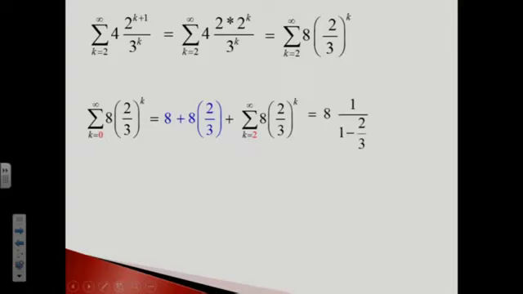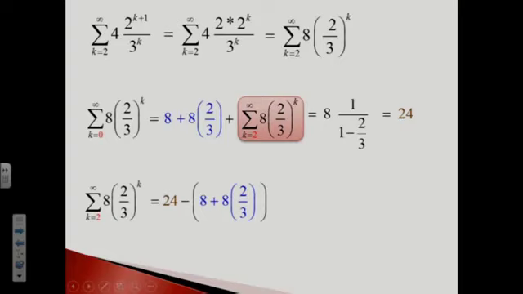Since the absolute value of r is less than 1, its sum is 8 divided by 1 minus 2/3 equals 24. The series from 2 to infinity can be found by subtracting the first two terms, 8 plus 8 multiplied by 2/3, from 24. The result is 32/3.